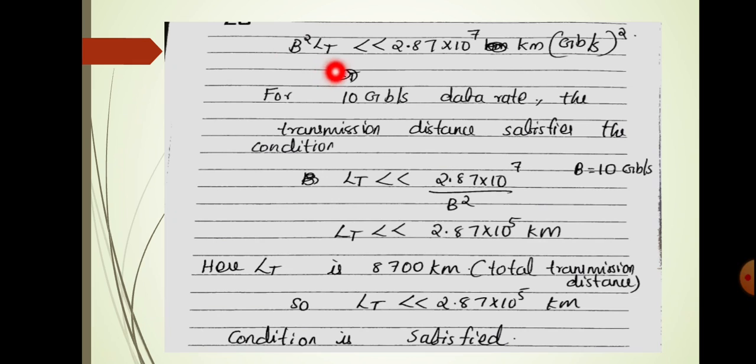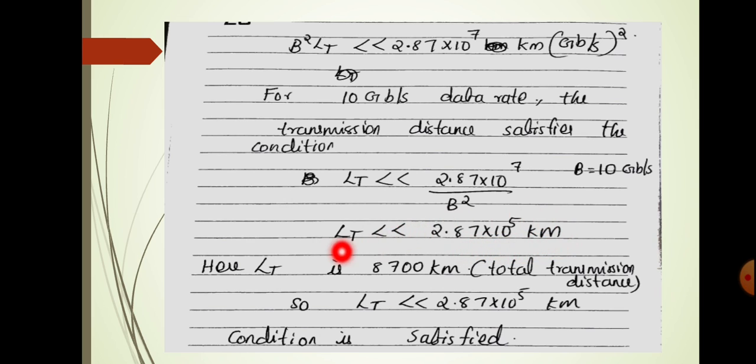Then we have to find out the condition for LT, that is LT very much less than 2.87 into 10 raised to 7 divided by B square. B is 10 into 10 raised to 9 bits per second. So we will get LT will be very much less than 2.87 into 10 raised to 5 kilometer.